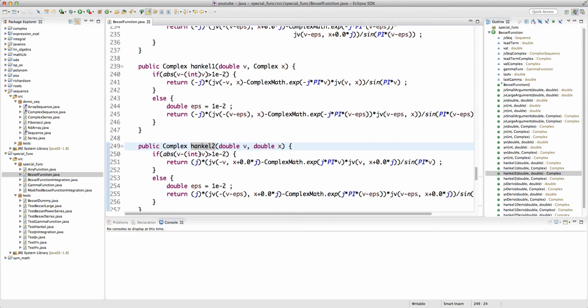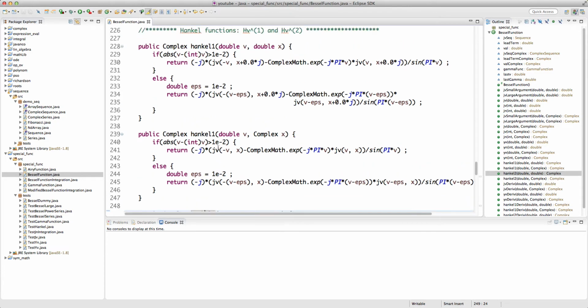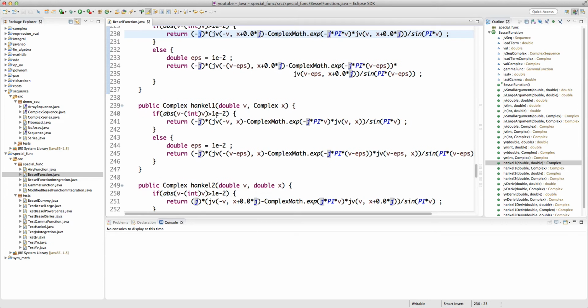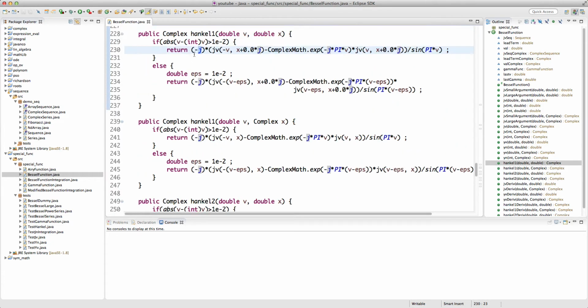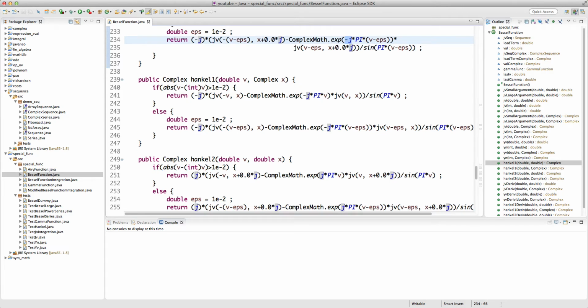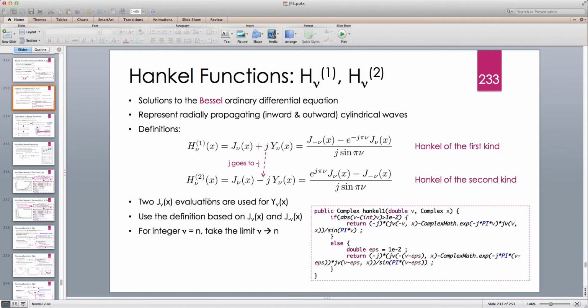So basically the difference between Hankel 1 and Hankel 2 is that whenever you have j in Hankel 1, you replace it with minus j. So minus j becomes j, and minus j in this exponential becomes j in this exponential, and that comes directly from the definition. Just be careful.